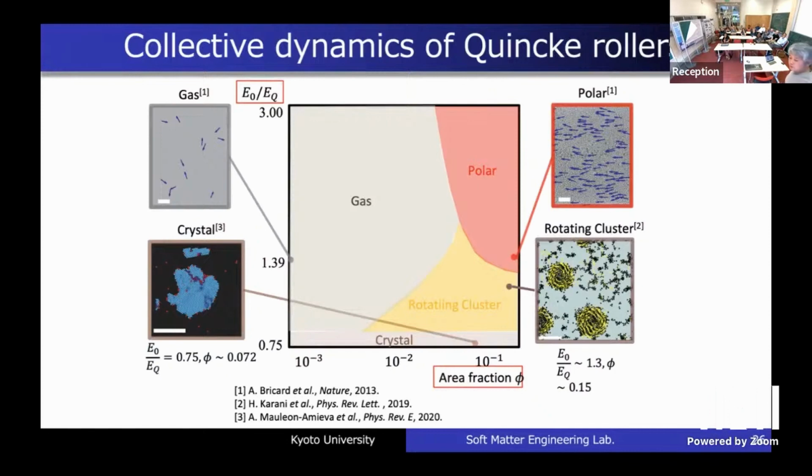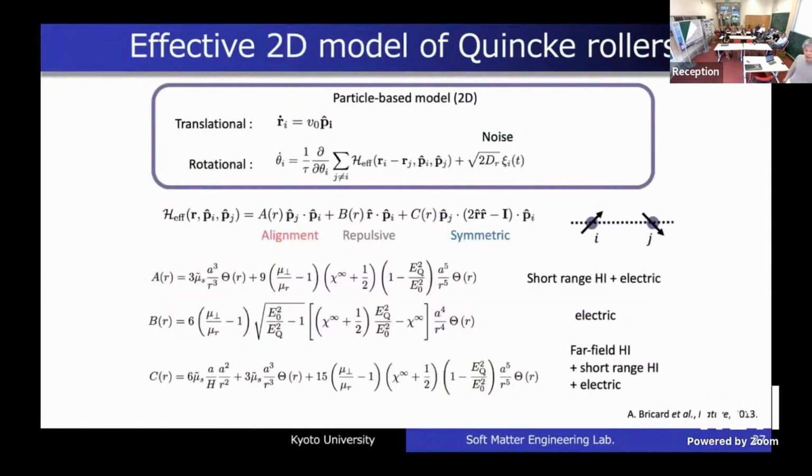So people observed many distinct dynamical states, from gas state to polar state, rotating cluster, the crystal, those kinds. They explained it, and then there is a theory for that. It's a simplified theory, of course.